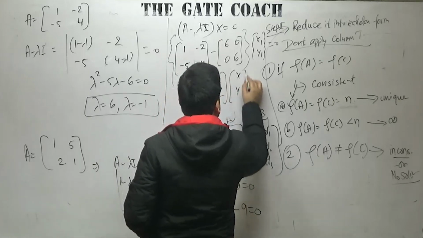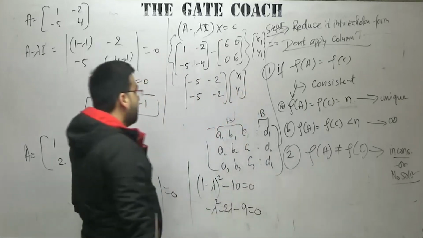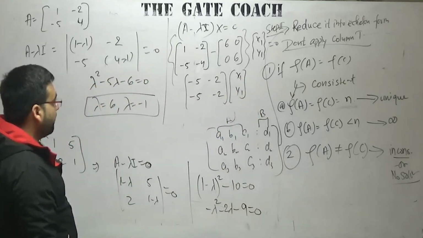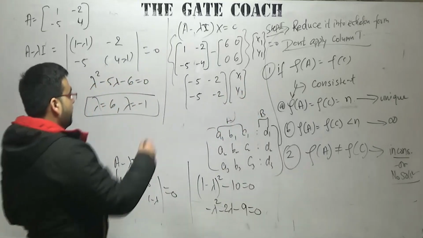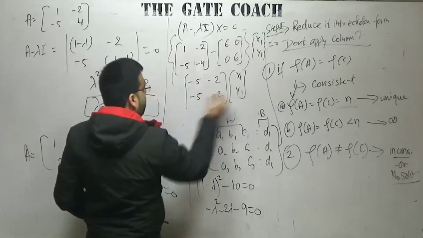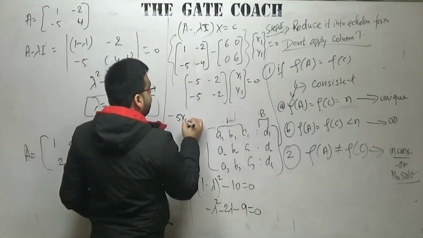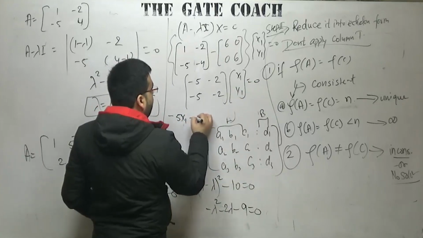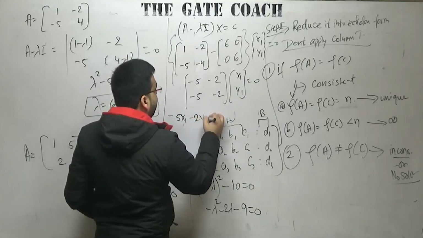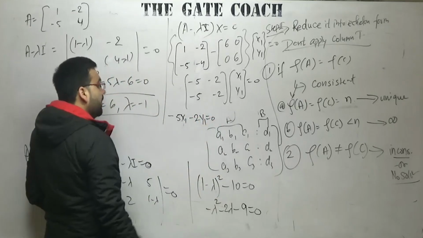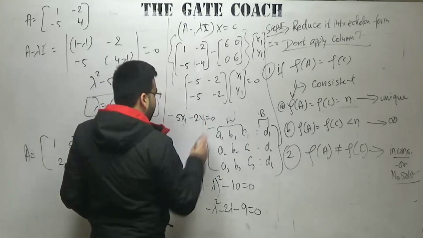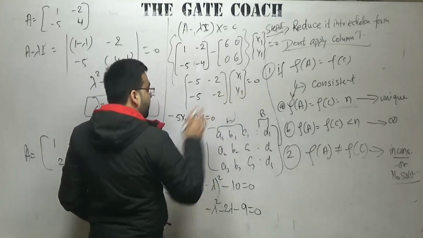X, y, or you can say x1, y1. Let me solve it, is equal to 0. Minus 5 times of x1, minus 2 times of y1 is equal to 0. Or I can say is equal to some constant k.